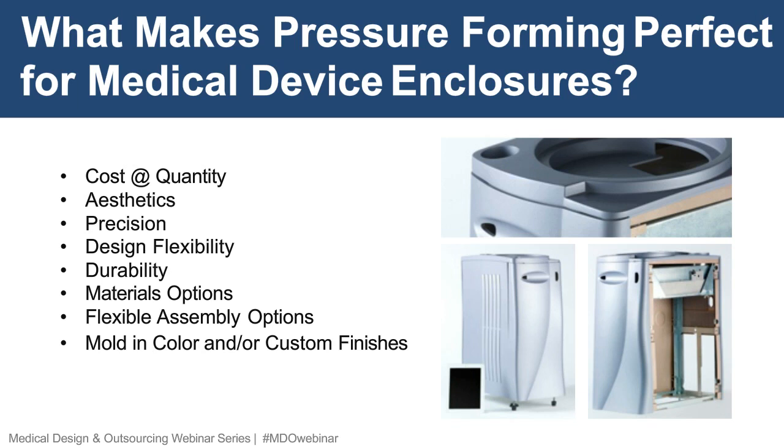Flexible assembly options, so molded in features that include undercuts, snap fit, different tongue and groove type features can all be designed for your flexible assembly. Molded in color or custom finishes, again, something that we can do whether it's a color that's applied to the part by paint or molded in color that we utilize from the supplier.